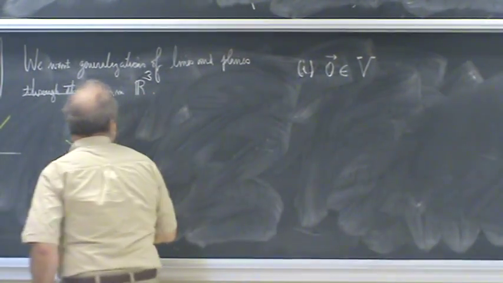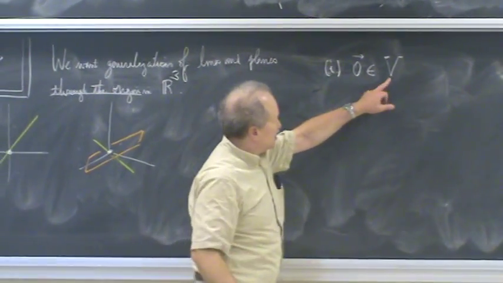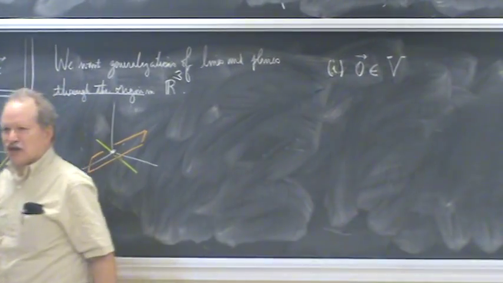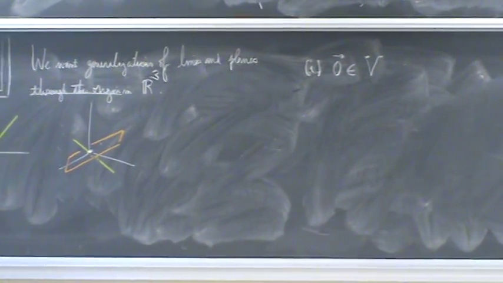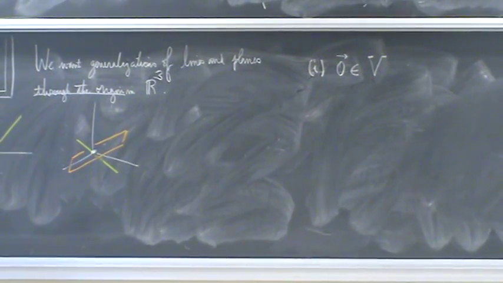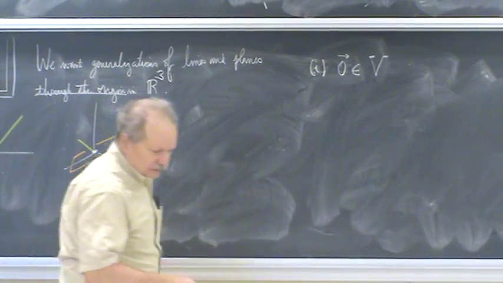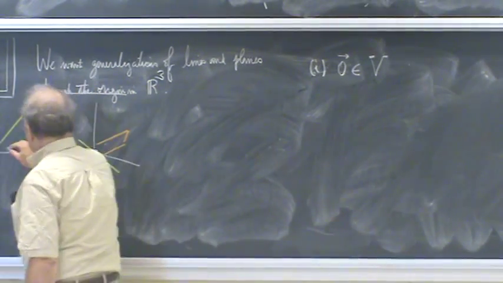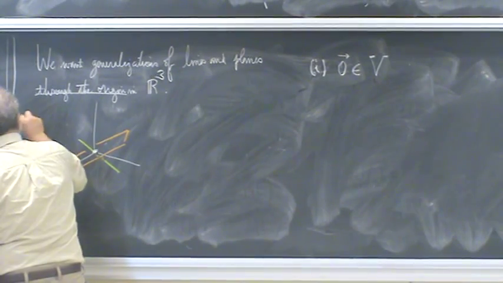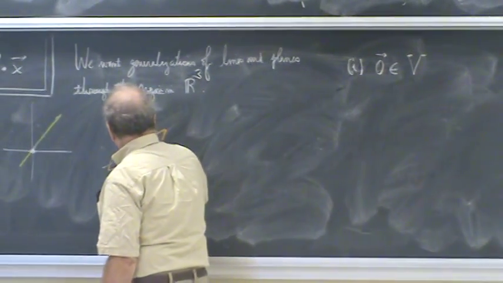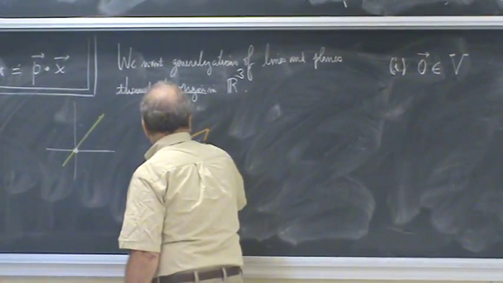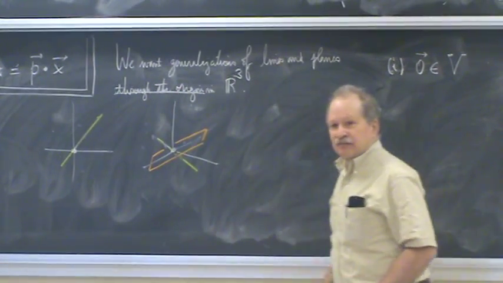So I'm going to list properties that a set should have, and then we're going to give a definition. Yes, sir? Any scalar multiple of a vector that's on the plane should also exist. So yeah, if you take any vector in the set and you scale it, it stays in the set.